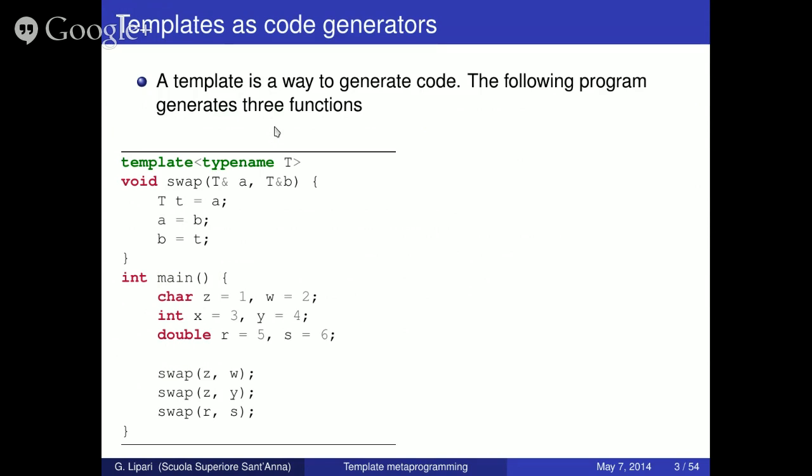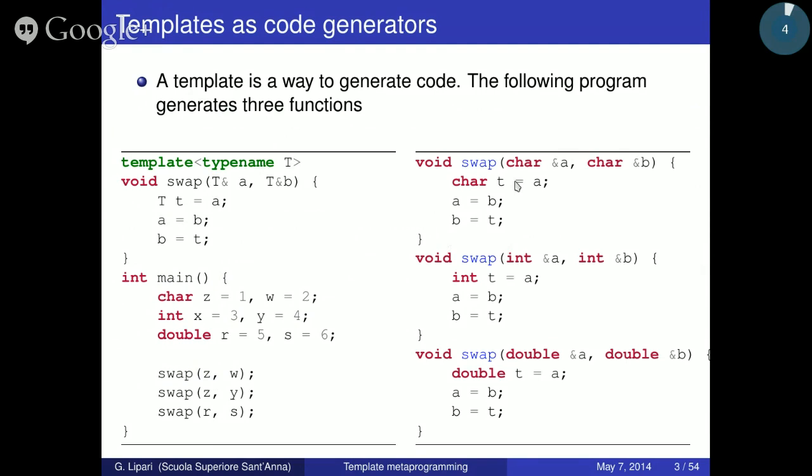For example, if I have this program where I have a function swap, which is a template function on parameter T, and then later on I do a swap on characters, integers, and doubles, what happens is that 3 new functions are generated by this template, one for integers, one for doubles, and one for chars. The actual generated ones are listed on the right.